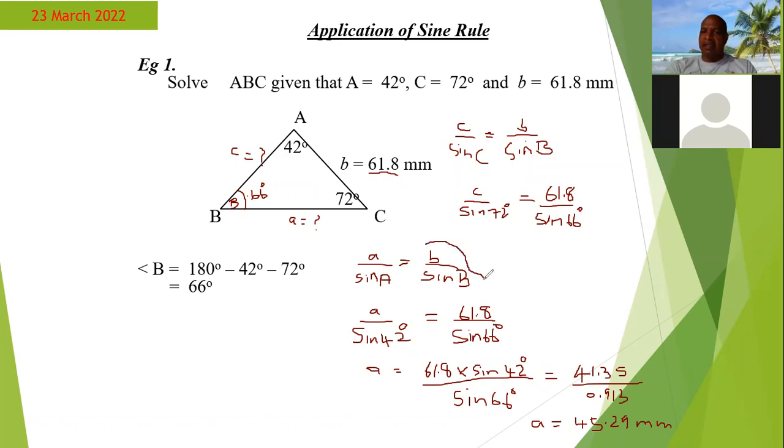So now we have C is equal to 61.8 times sine of 72 divided by sine of 66.